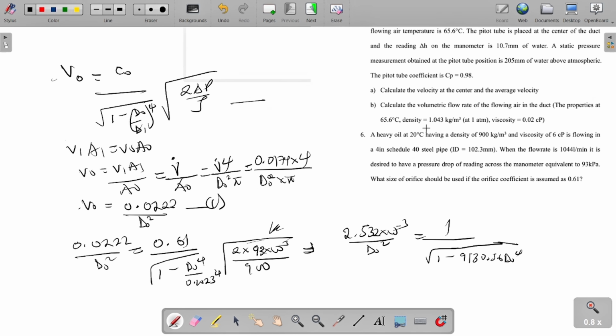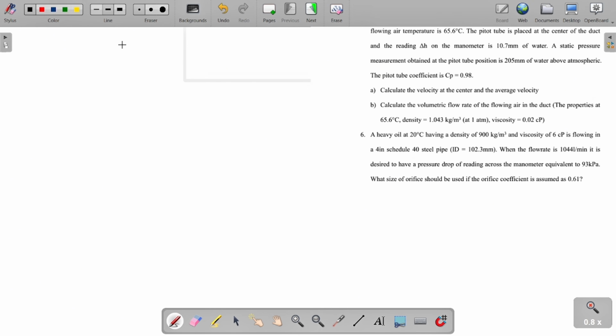So that the equation will be much simplified to solve, right? Since I get to that place, I can actually do the inverse, right? So I actually have the square root of 1 minus 9130.56 D naught to the power 4 will be equal to 394.94 D naught squared, right?